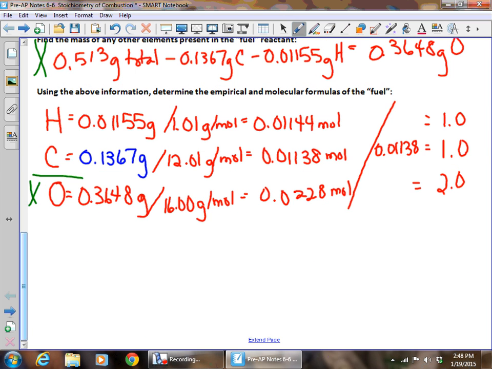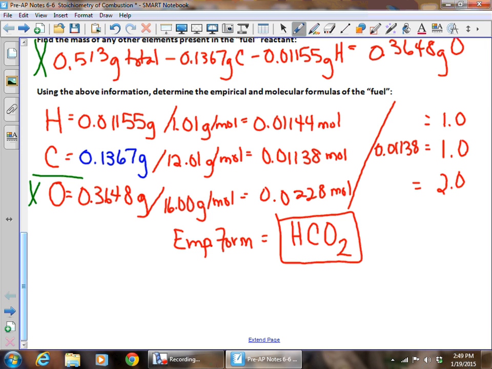What does that tell us? That tells us that the empirical formula of this particular compound is, remember, do it in the order that it's given, HCO2. So there's the empirical formula. To get the molecular formula, we're going to need to get a ratio, remember.